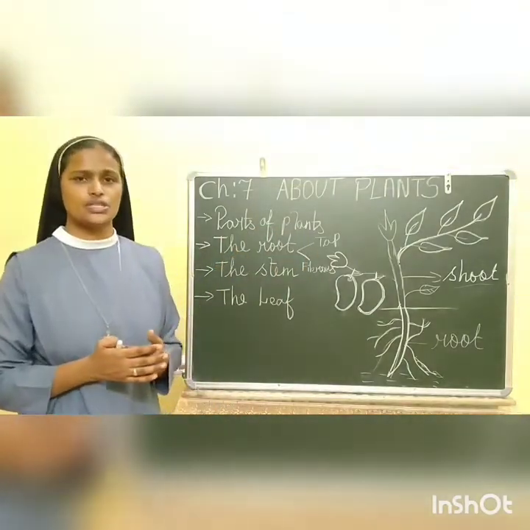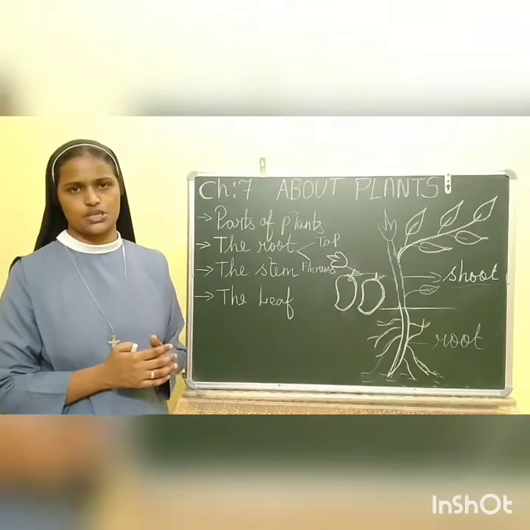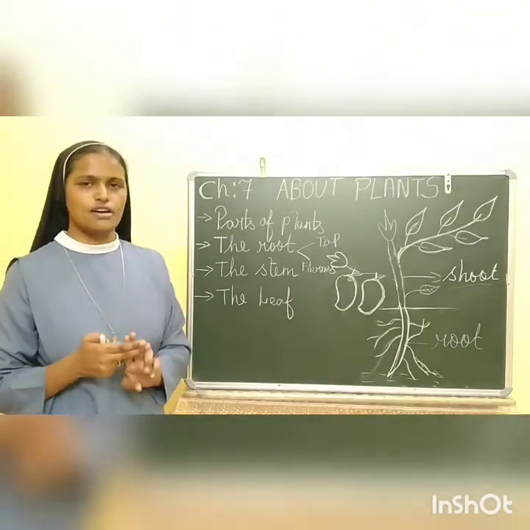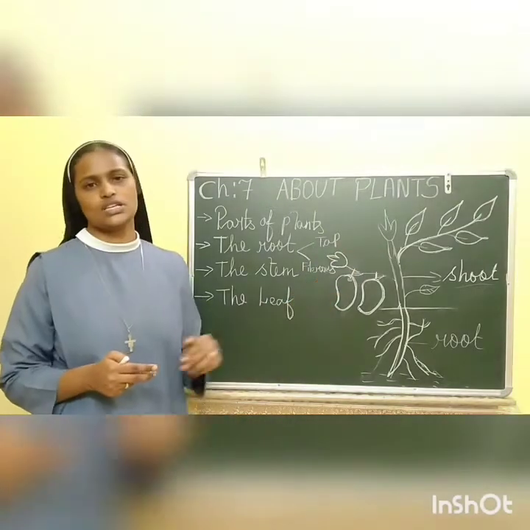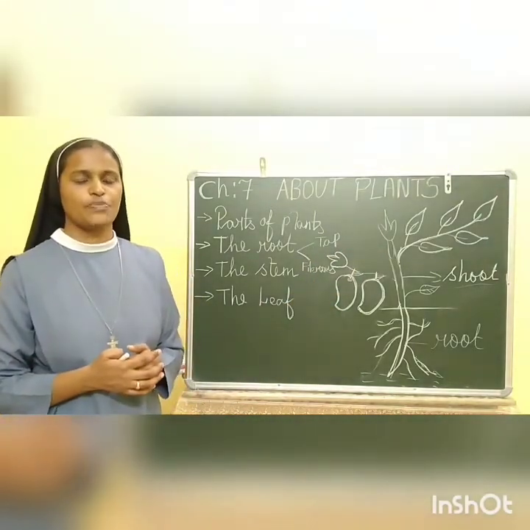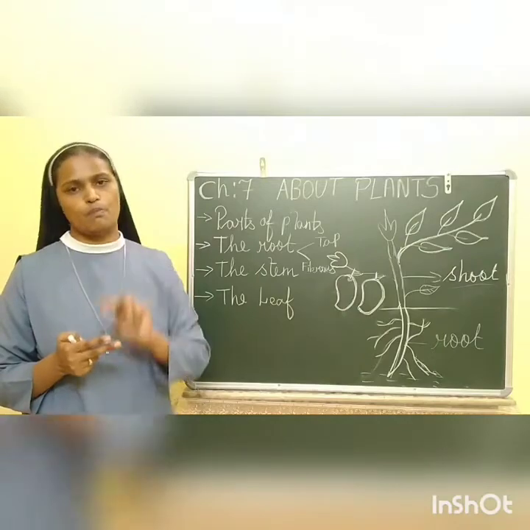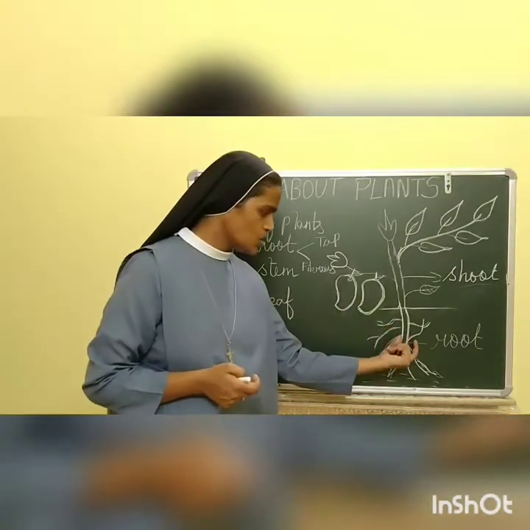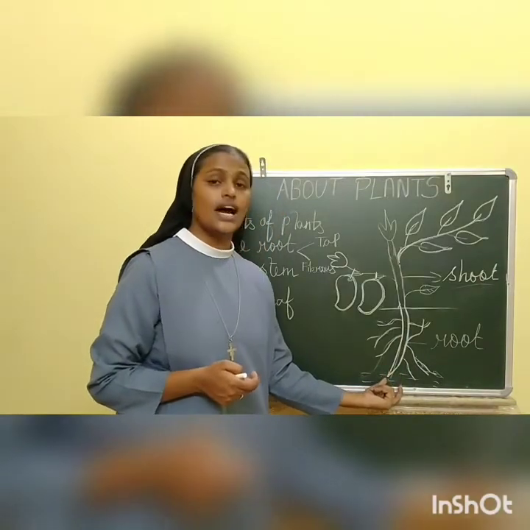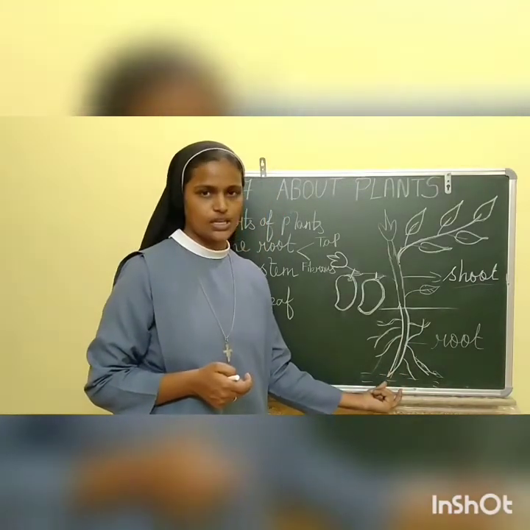Next we are going to see about the root. We have two kinds of root. The first one is taproot, the second one is fibrous root. Also, we have two main functions of root. The first one is that the root absorbs water and minerals from the soil.